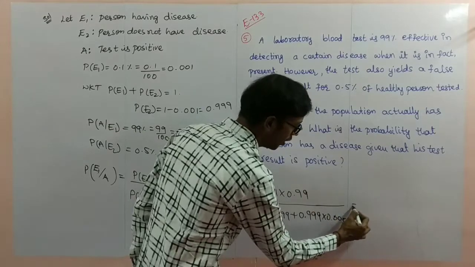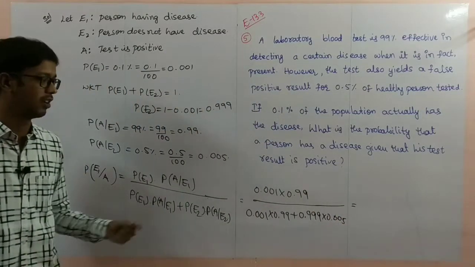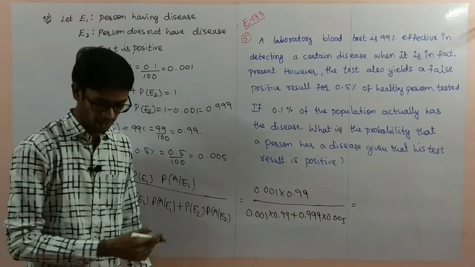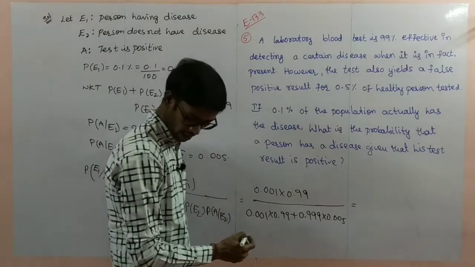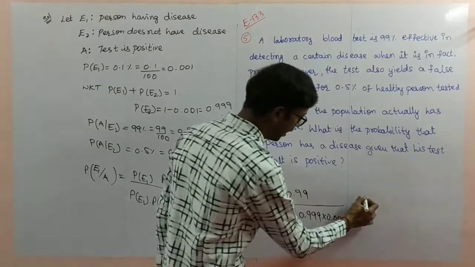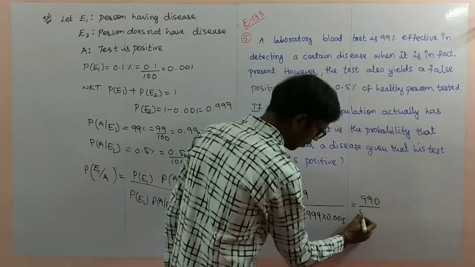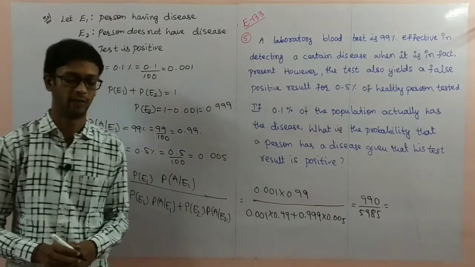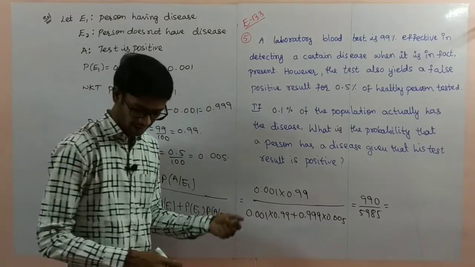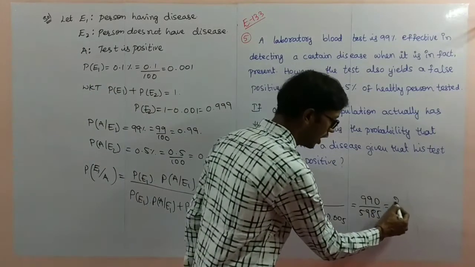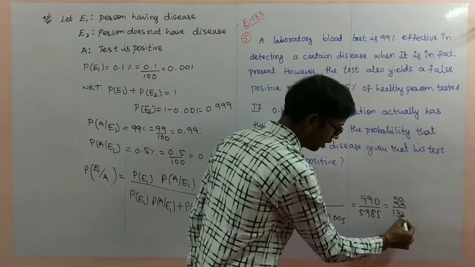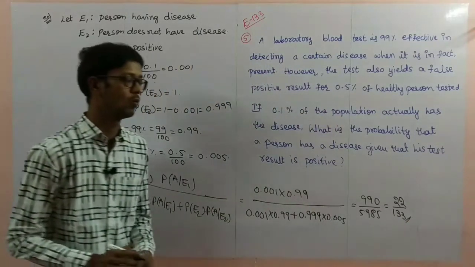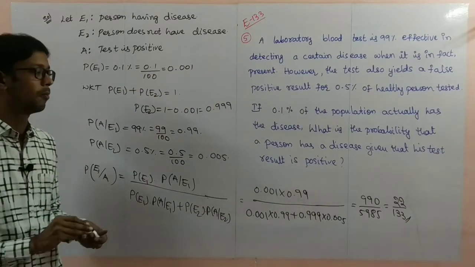If you do the total simplification, multiplication and addition, you will get 110 by 990 by 5985. After that, with more cancellation, you will get 22 by 133. 22 by 133 is the probability you will get.